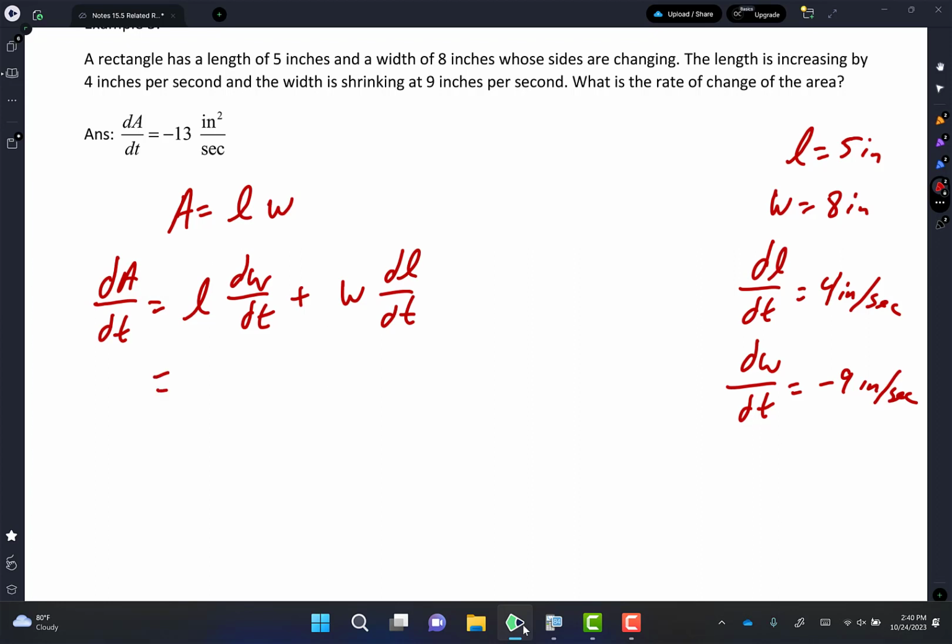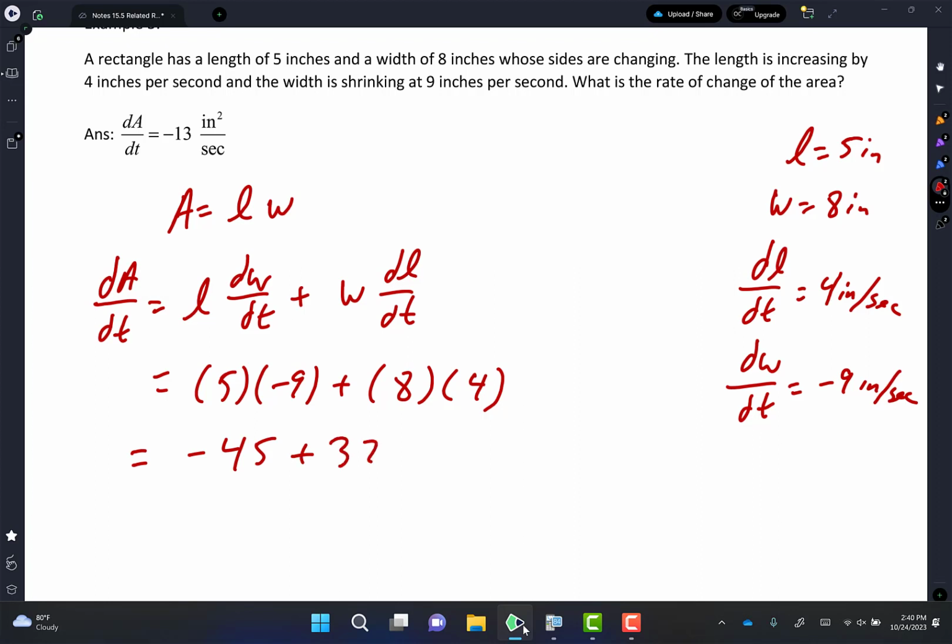L is 5 times dw dt, which is negative 9, plus W, which is 8, times dl dt, which is 4. So 9 times 5 is negative 45, plus 8 times 4, which is 32. And the difference is negative 13. And the units are square inches per second.